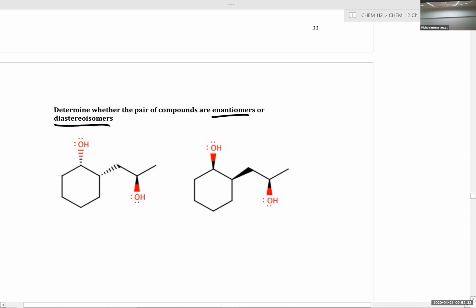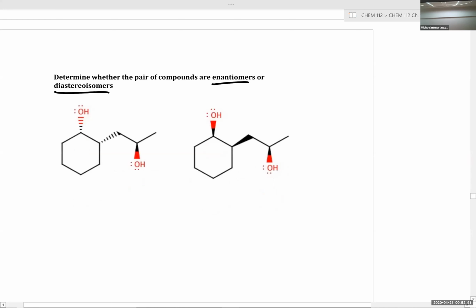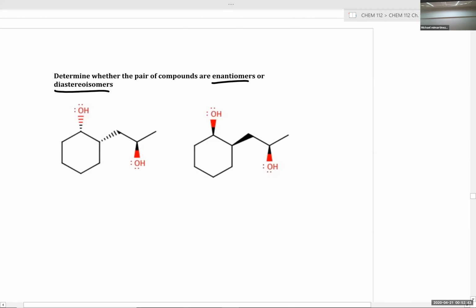Since this is a new type of problem compared to just the brute force drawing of all the stereoisomers, I'm going to do this one, and I'm going to ask for your input periodically, okay? So first and foremost, we need to make a model. Even if your model kit doesn't have all of the pieces, the more pieces you have, the more complete a picture you have, and the less you have to start swapping out all of your carbons.